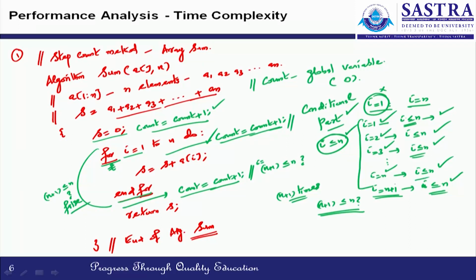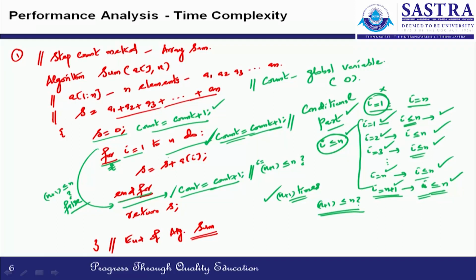Then finally, when I becomes n plus 1, I less than or equal to n is tested. So, the for loop condition is executed n plus 1 times. For n times, the associated count is introduced in this count statement, count is equal to count plus 1. When I becomes n plus 1, since the condition becomes false, control has to come out of the for loop. The associated count is introduced here: count is equal to count plus 1.